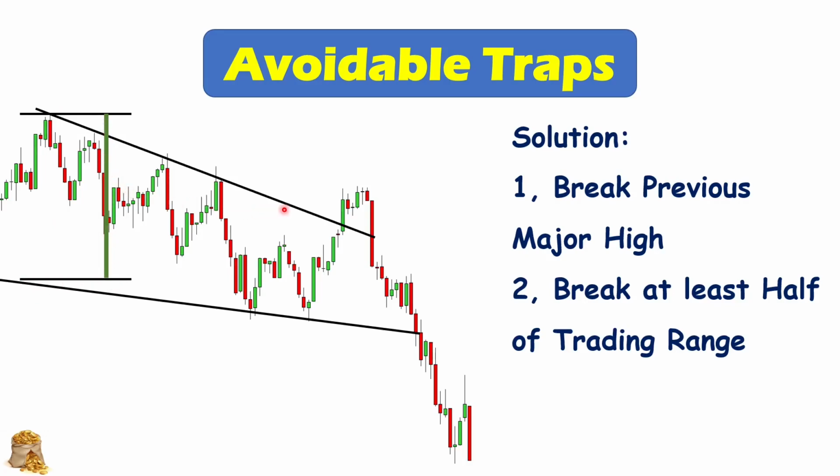And then we want the market to break this trend line and also break half of the trading range, so we are convinced that the break is strong enough. In this example, we measure from the point of the break and then half of the trading range width. So if the market breaks this level, that means the break is strong enough. This will also reduce the probability of losing trades.